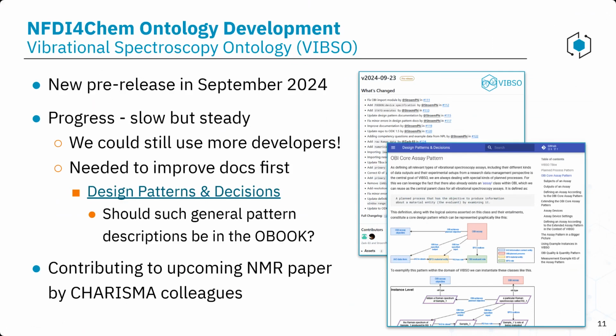Also, we are going to contribute to a paper that is currently being written mostly by the domain experts from the CHARISMA project, and we would like to contribute a section that deals with the use of ontologies in general, and VIBSO in specific, in order to facilitate linked open data in the Raman domain.